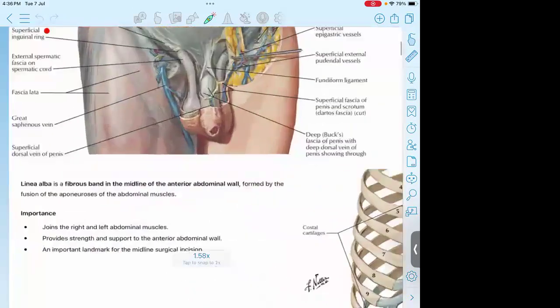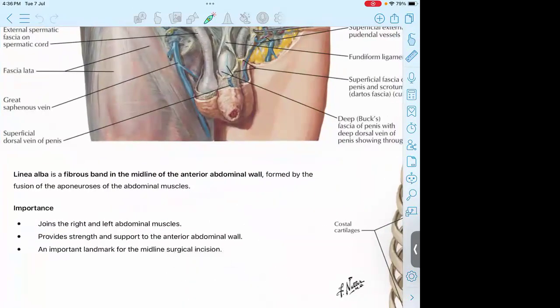Now come to what is linea alba. It is not asked in your exam, but we should know about linea alba. Linea alba is a fibrous band in the midline of the anterior abdominal wall. How is it formed? It is formed by the fusion of the anterior abdominal muscles.